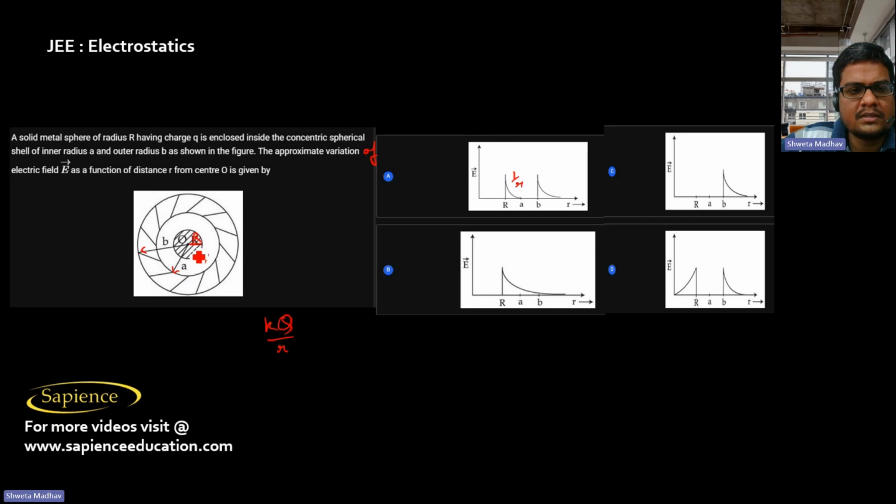From a to b, again, it is metallic, a spherical shell. It is a conductor, I can say, so there will be no electric field. Here to here, there will be electric field. The net charge will be plus here, and there will be some induced charge here.